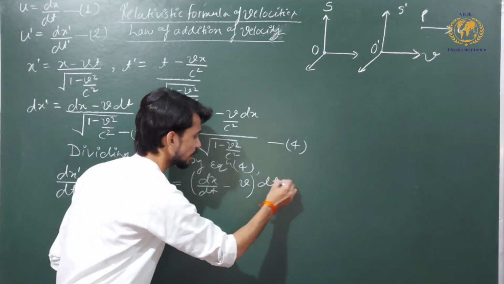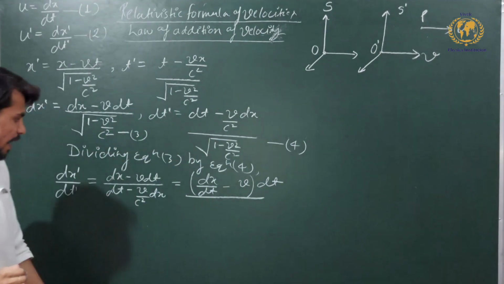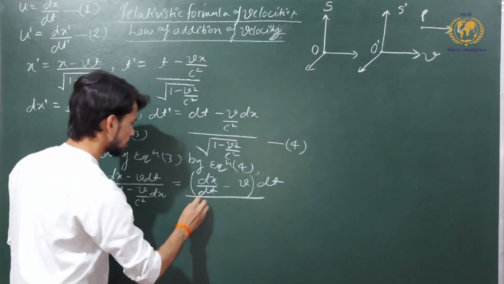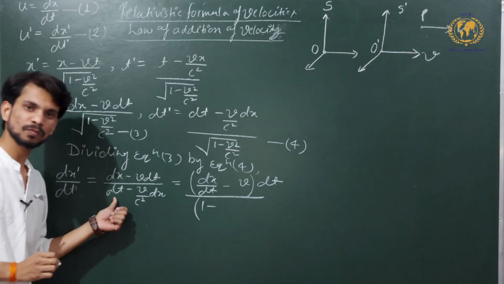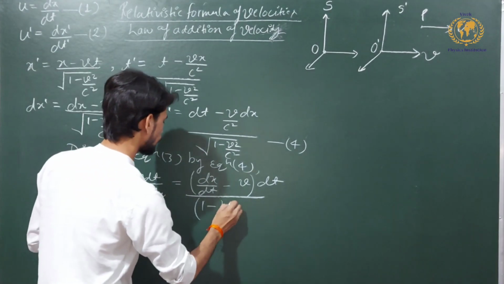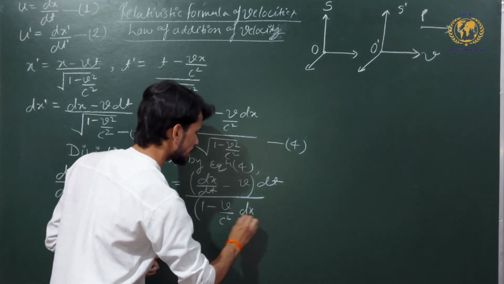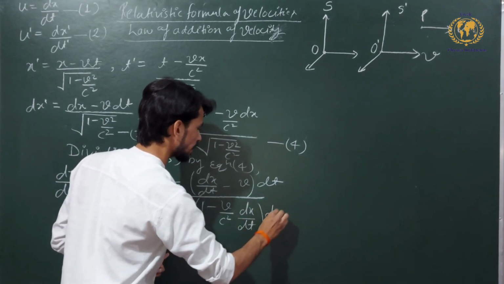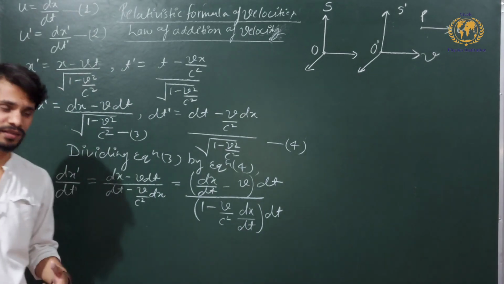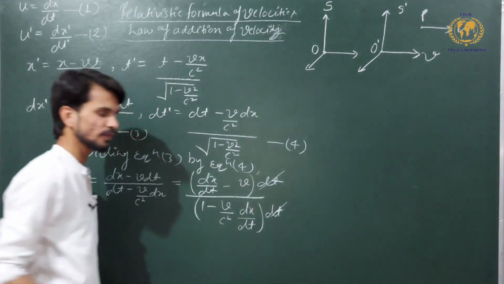Also in the denominator, dt is taken as common, so this factor remains as 1, and minus v divided by c square and dx divided by dt, and the common factor dt is here. Now dt is cancelled by dt.